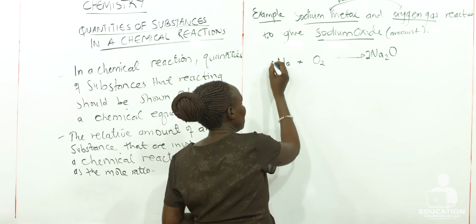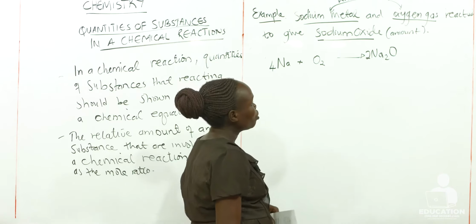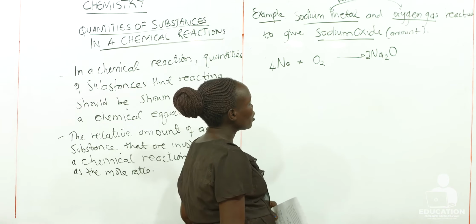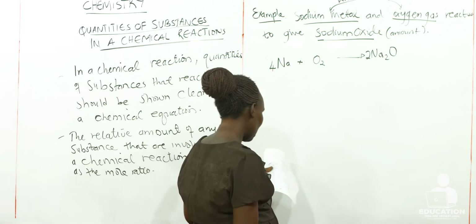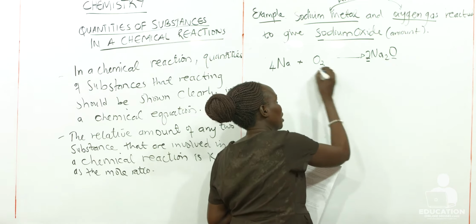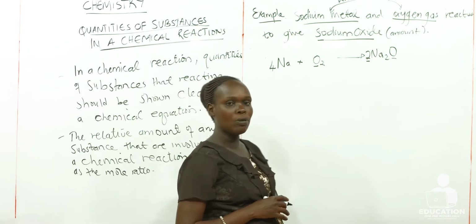So we can add 4 here. What about oxygen? Here we have 2 atoms, and here also 2 atoms. So both sides of the reaction are equal to each other.